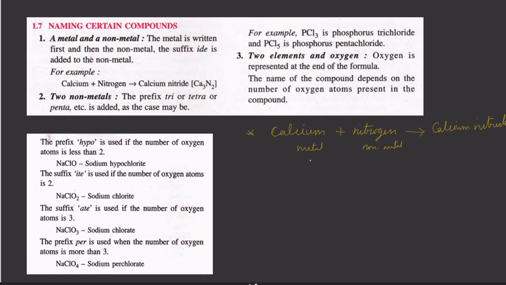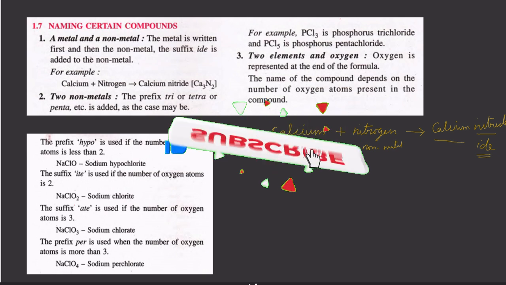First we write the name of the metal followed by the name of the non-metal, but the name of the non-metal should end with IDE. That is why calcium plus nitrogen gives calcium nitride. That is the first thing.